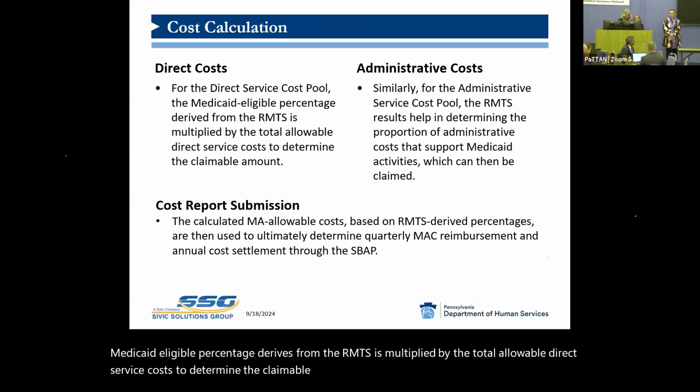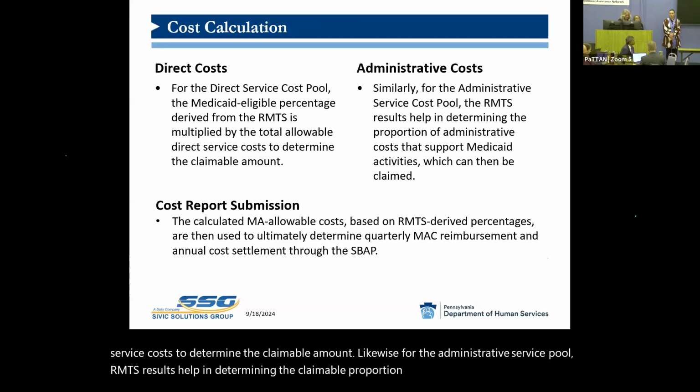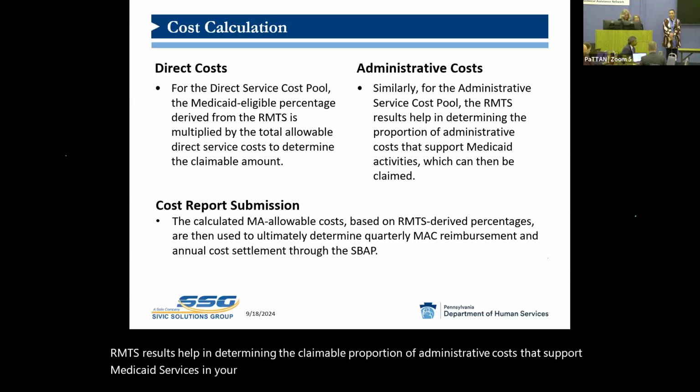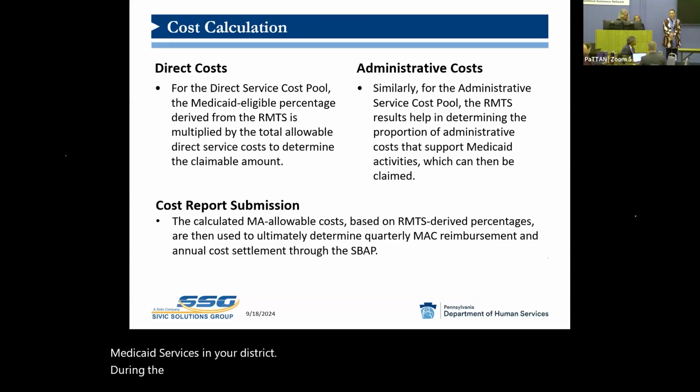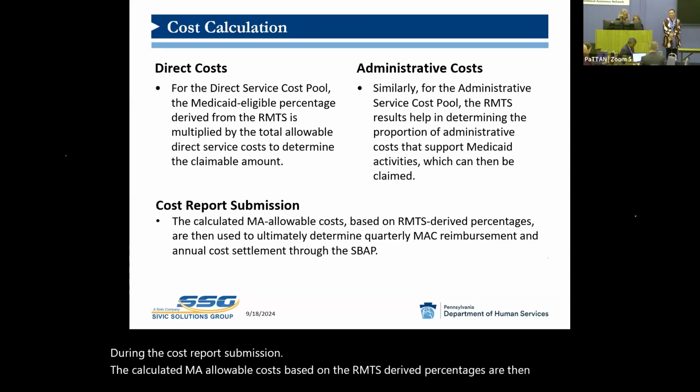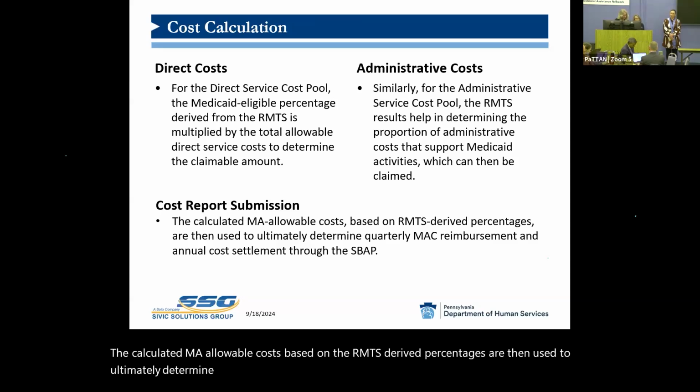Likewise, for the administrative service pool, RMTS results help in determining the claimable proportion of administrative costs that support Medicaid services in your district. During the cost report submission, the calculated MA allowable costs based on the RMTS derived percentages are then used to ultimately determine quarterly MAC reimbursement and the annual cost settlement through the school-based access program.